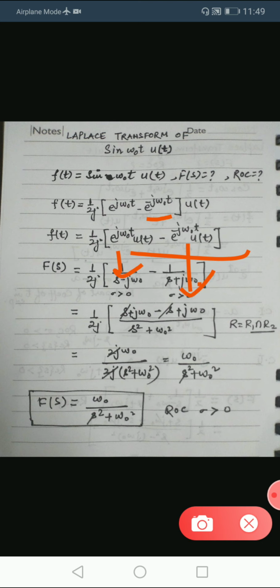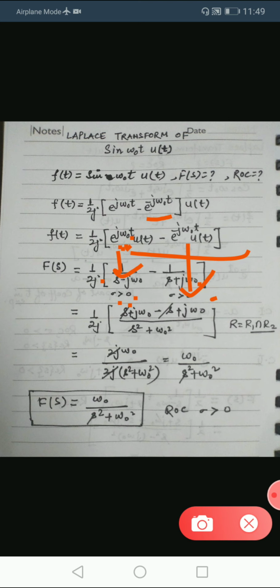Real s is greater than 0 for both, because the real part of the exponent is 0. Therefore sigma is greater than 0.